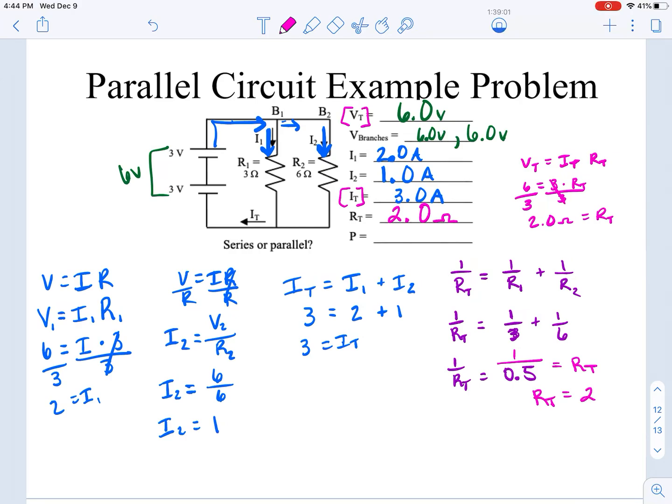If we knew our total resistance and we wanted to calculate our total current, we could also have used V equals IR, where we took the total voltage of 6, the total resistance of 2, and calculated our total I that way. So what if this question didn't ask for I1 and I2? What if it just asked me for VT, IT, and RT? Then I would have needed to calculate my total resistance using the 1 over formula.